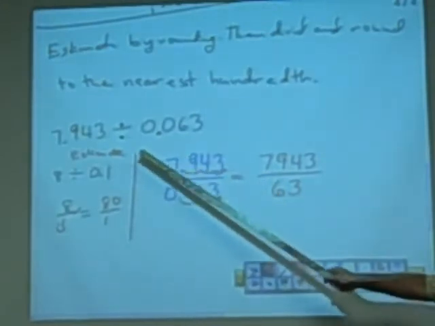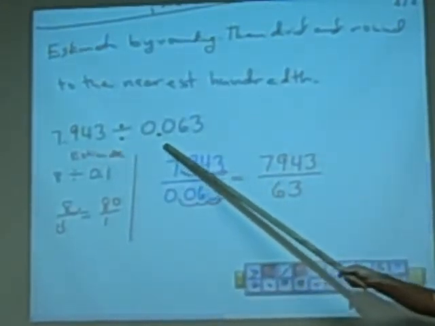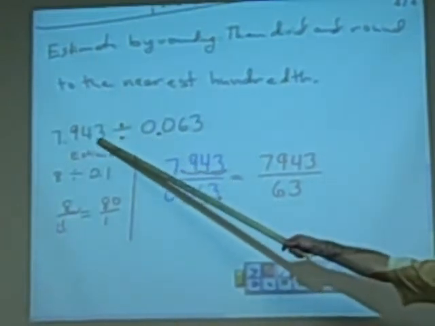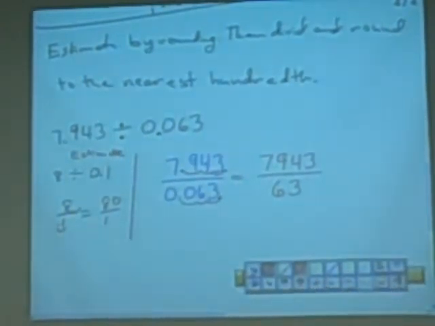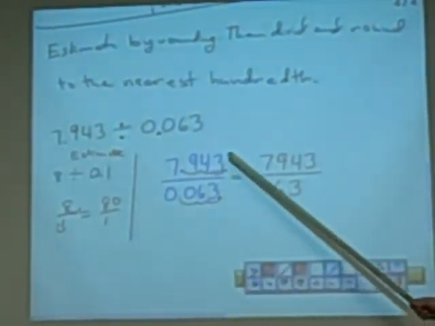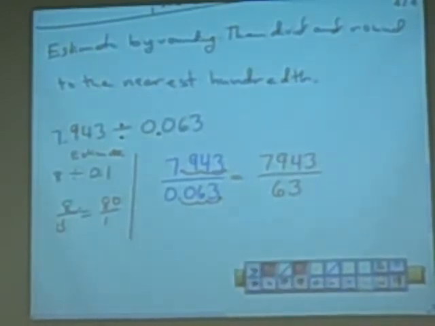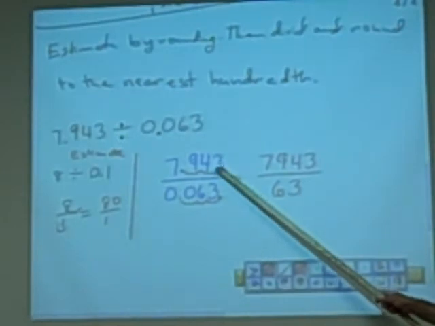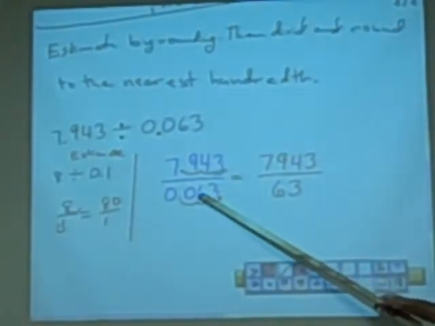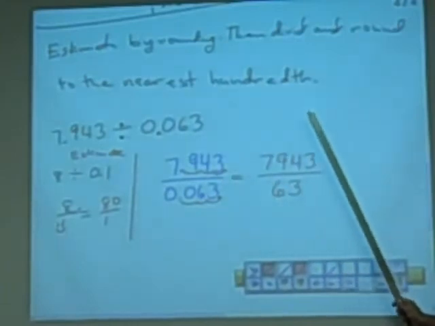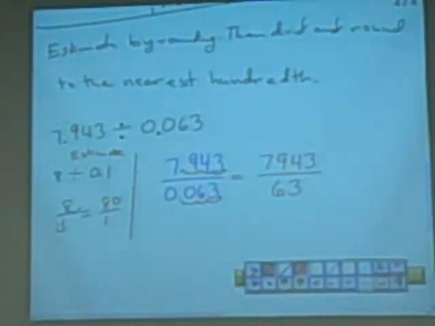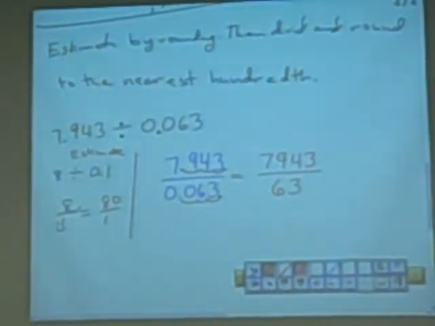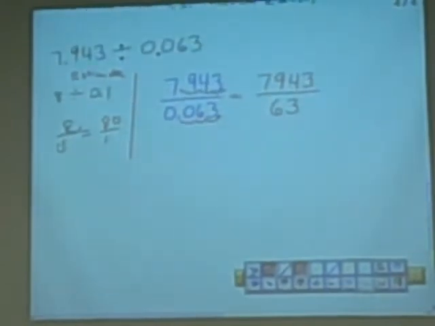Alright, so now we take our quotient, what we have for our division problem, and we put it in rational form. Doing this is going to help us to determine what's our divisor, what's our dividend. In other words, what's going to go outside of our long division and what's going to go inside.